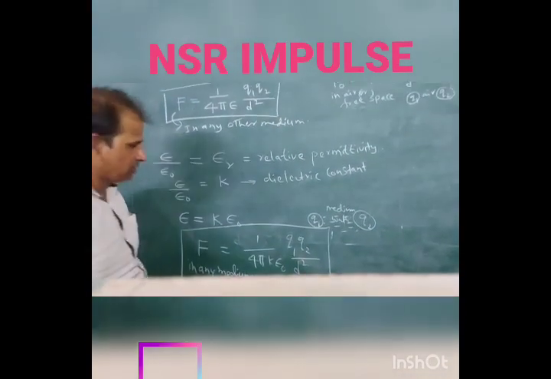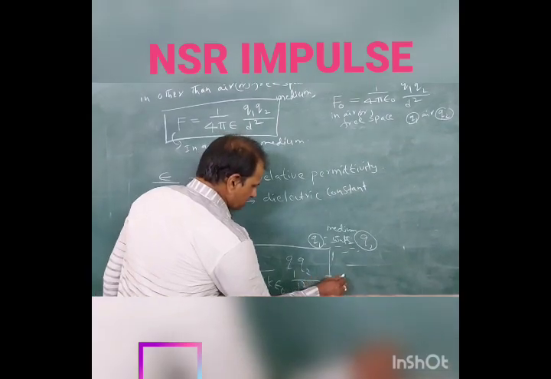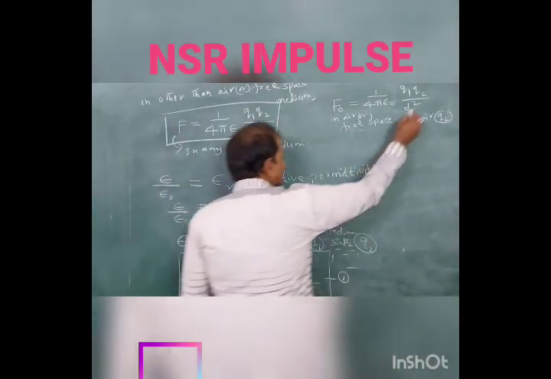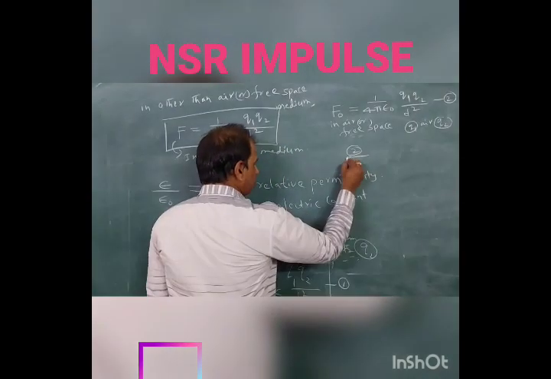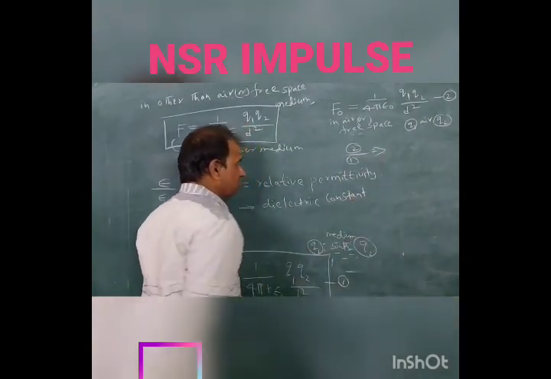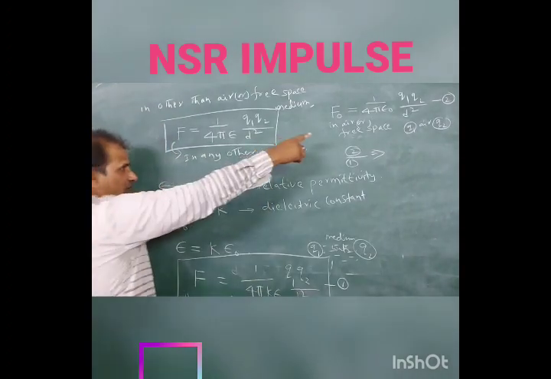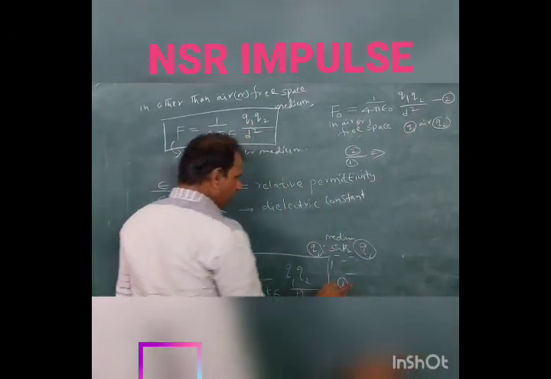Now divide them. Let us consider this is equation number 1 and this is equation number 2. Let us divide 2 by 1. Remember we are doing the second by the first one.